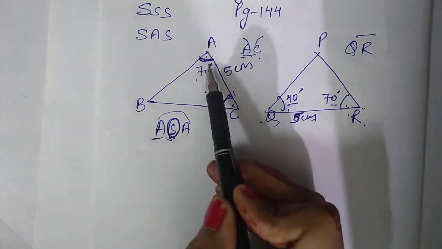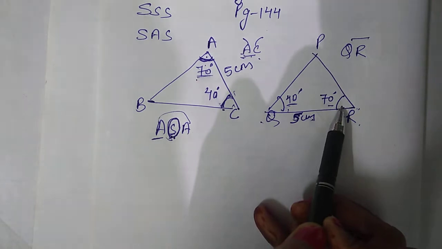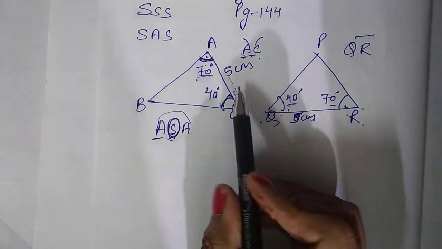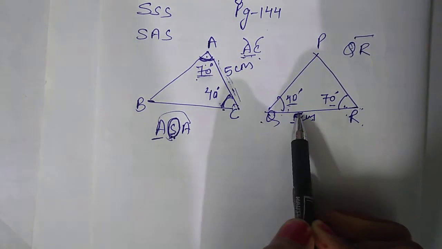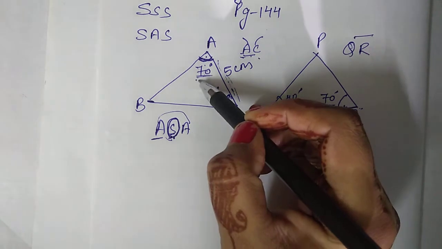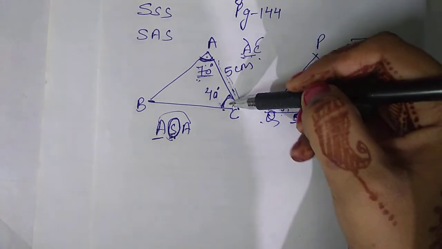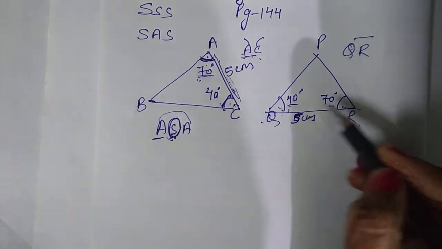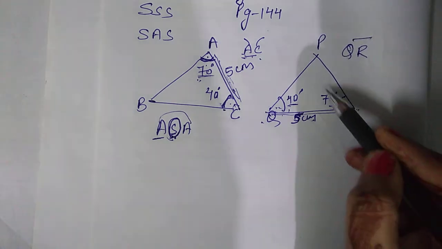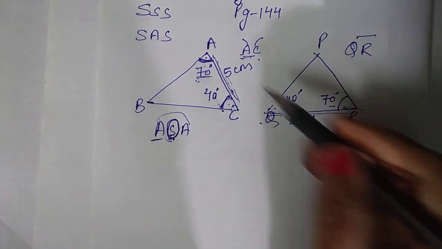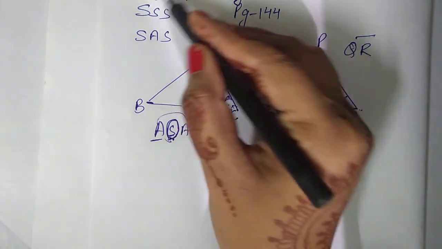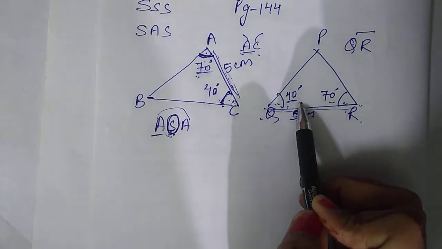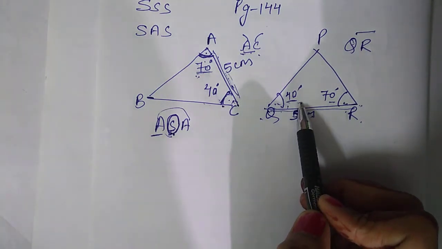Now in these triangles, angle A is equal to angle R and angle C is equal to angle Q. Two angles and the included side of triangle ABC are equal to two angles and the included side of triangle PQR. The condition of the ASA congruence rule is satisfied. It means these triangles are congruent by the ASA rule.